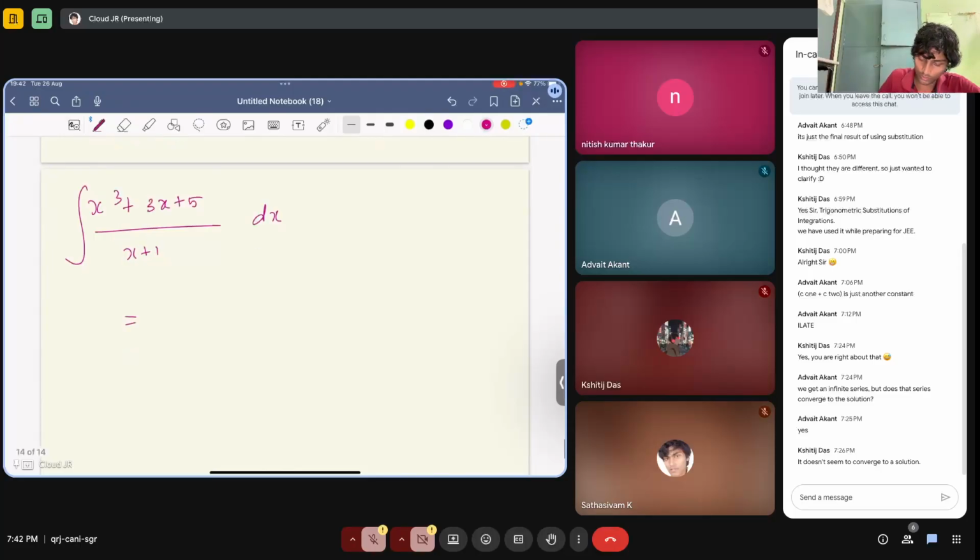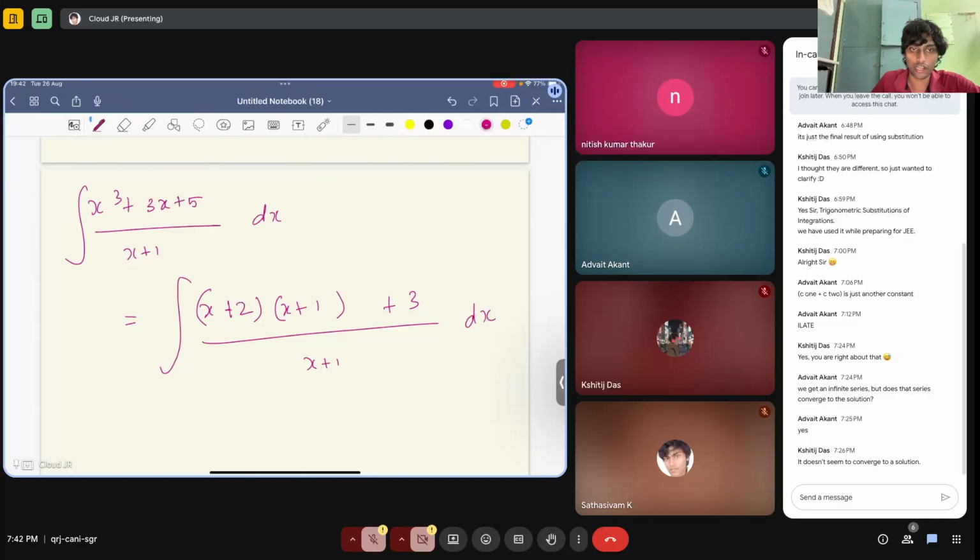But what we observe is the top term is nothing but x plus 2 times x plus 1 plus 3, divided by x plus 1 dx. So this is what we got.